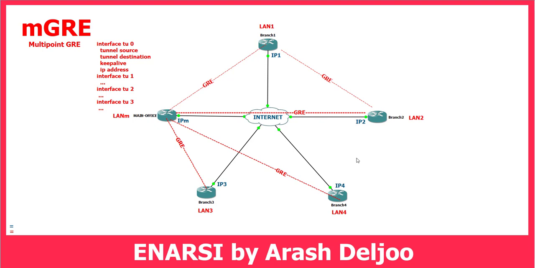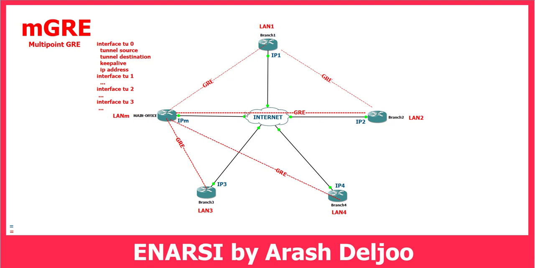Because of that, now we can understand that GRE is a useful method when we are working in a small or small to medium sized enterprise, and when we don't need to configure multiple GRE tunnels. If you want to use GRE in a small to medium scale enterprise with a lower number of GRE tunnels, it is a good method.